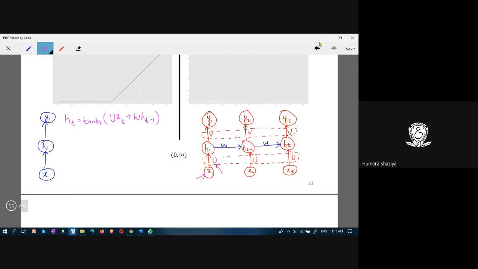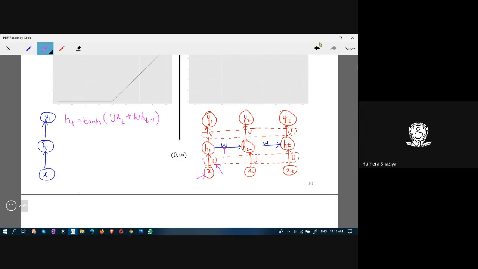This is W. When you are calculating Ht, you are taking W into Ht minus 1, which is this one.